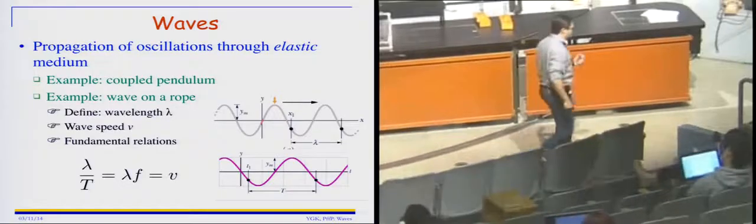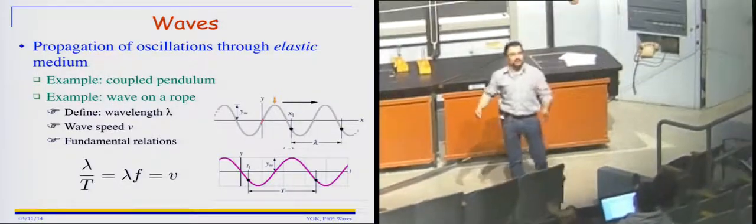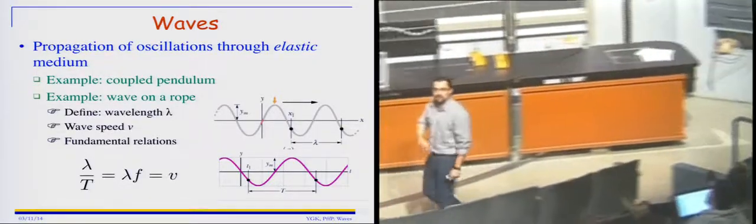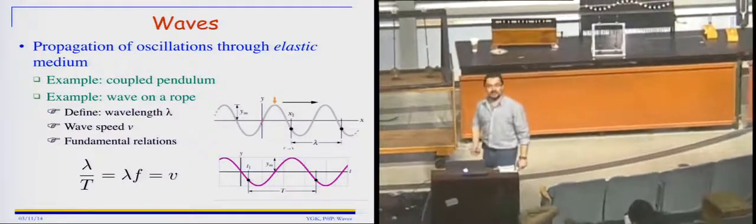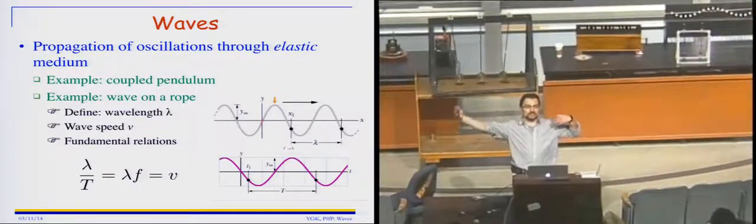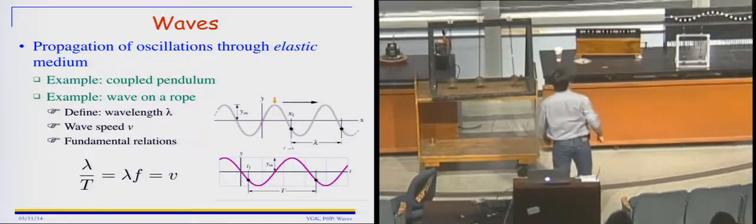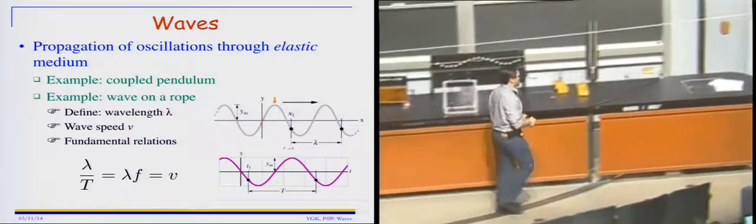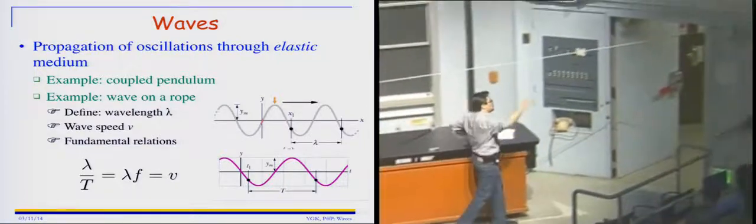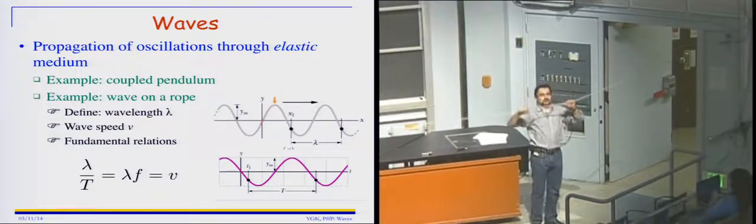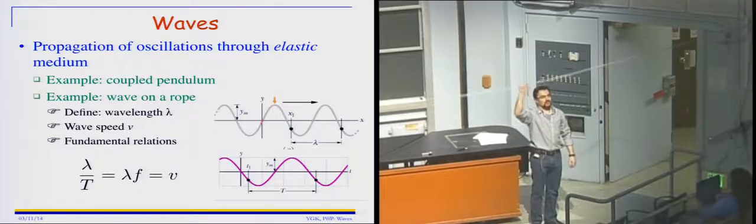And then you can characterize the vibrations also by two other quantities that are very characteristic of these vibrations on an extended object. One is the frequency. The frequency typically has to do with how often I tug on the string.